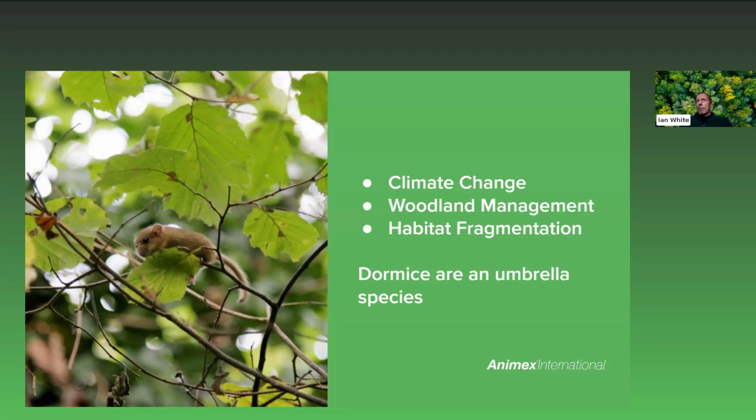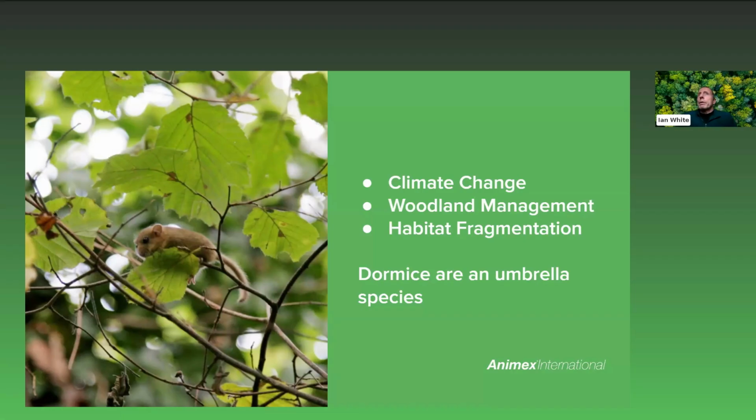And what seems to be happening is because our winter climate seems to be becoming more variable, for a hibernating animal, ideally it wants a good, stable, steady temperature over the winter to stay in hibernation, but our winters are becoming more variable. We have cold days and then followed by a warm day perhaps, and a few of those can bring dormice out of hibernation, and every time they do that they can basically lose energy until they simply run out of puff.